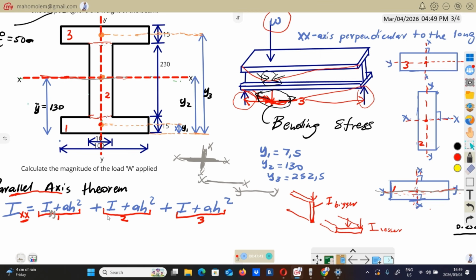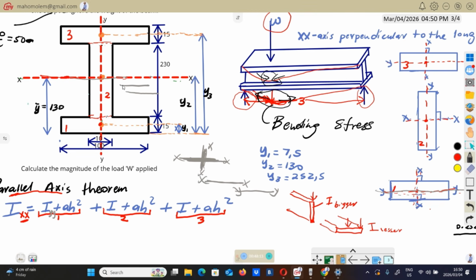We go to number 2 and do the same thing. You check between this YY, which is vertical, and this XX, which is horizontal, which one is parallel to this XX. If this XX is horizontal, obviously the parallel one must be horizontal. The vertical one is going to be perpendicular.